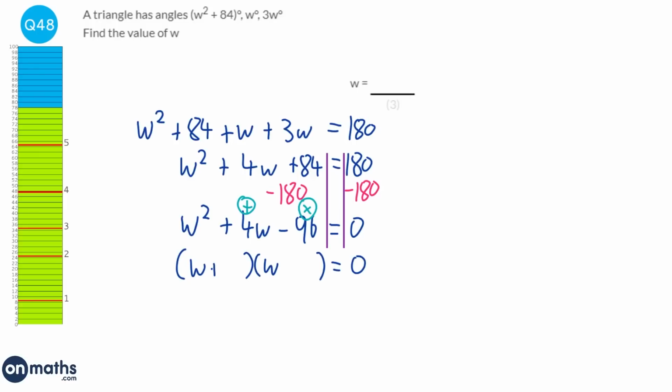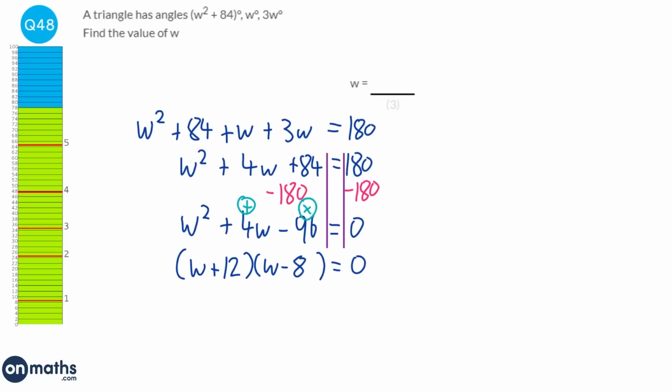It's going to be a positive and a negative to get that negative there. 96 is 12 and 8, so it would have to be a positive 12 and a negative 8 to add together to make a positive 4, and 12 times minus 8 is minus 96, that works.